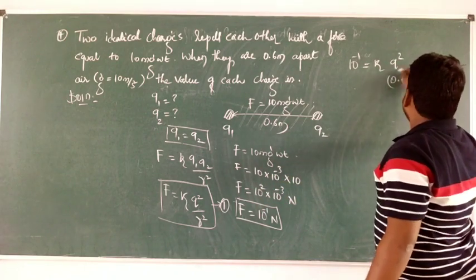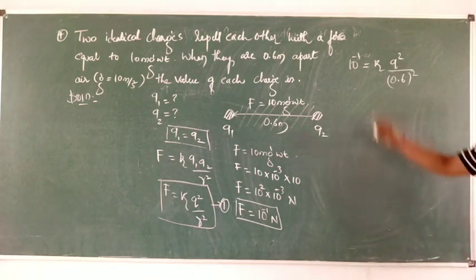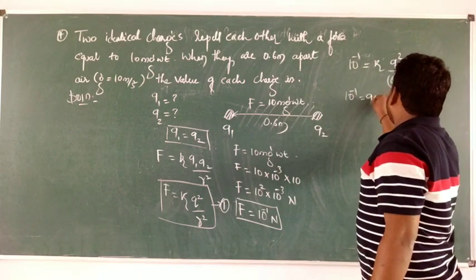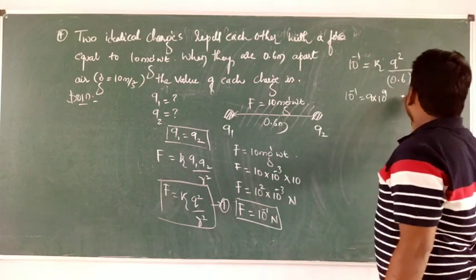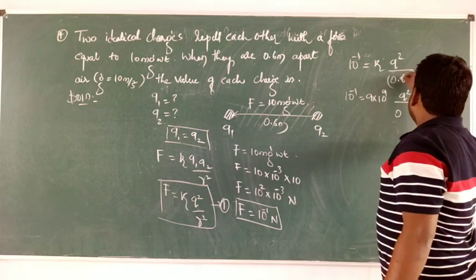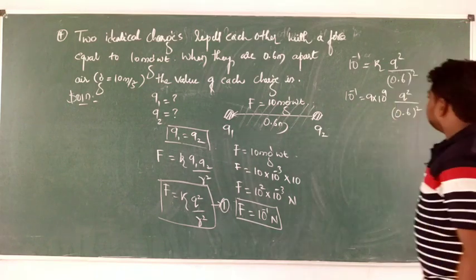0.6 whole square. Now, when you go for this value of k, it comes out to be 9 into 10 to the power of 9 q square divided by this 0.6 whole square.